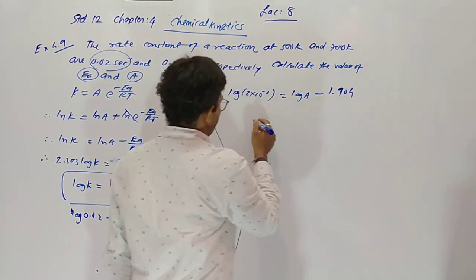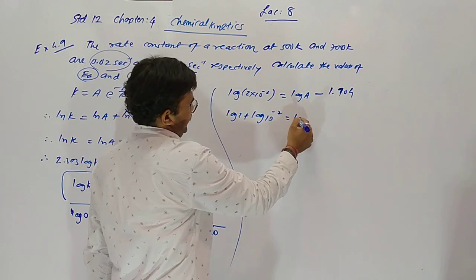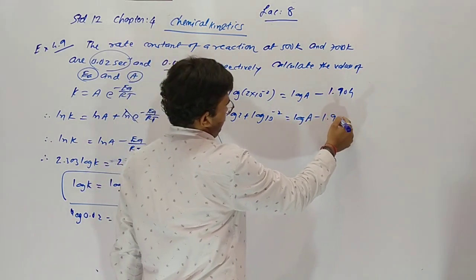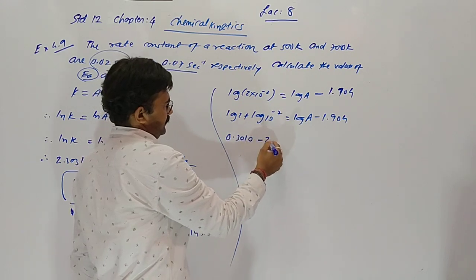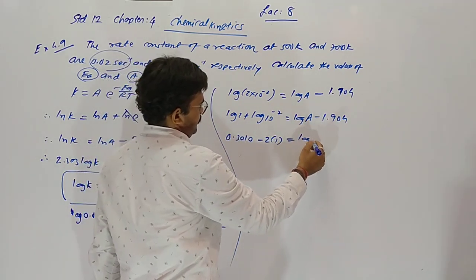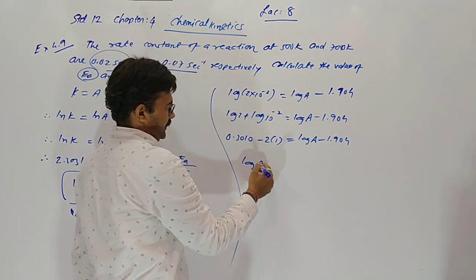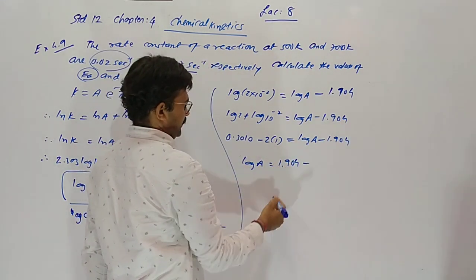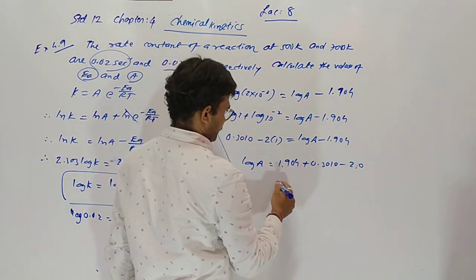1.904. Yes. Here log 2 plus log 10 raised to minus 2. So log 2 means 0.3010. So log A is equal to 1.904 plus 0.3010 minus 2.